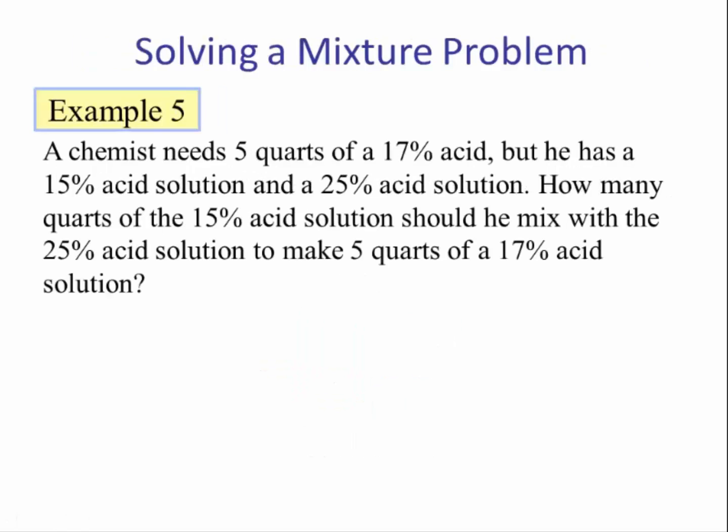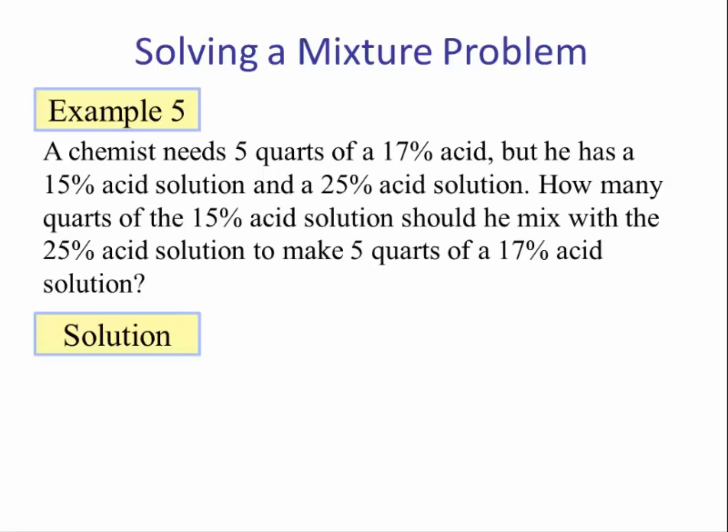A chemist needs 5 quarts of a 17% acid, but he has a 15% acid solution and a 25% acid solution. How many quarts of the 15% acid solution should he mix with the 25% acid solution to make 5 quarts of a 17% acid solution?